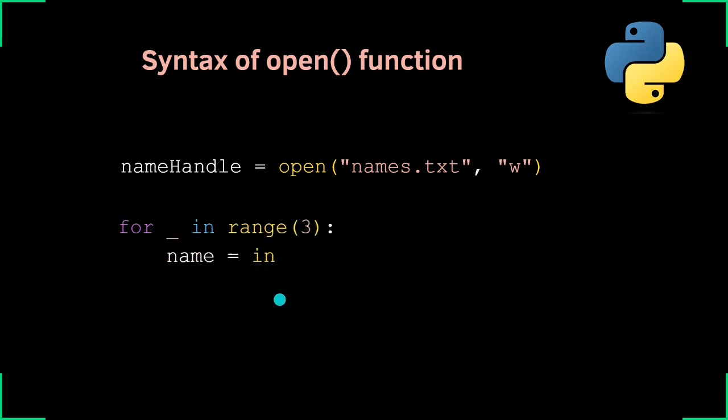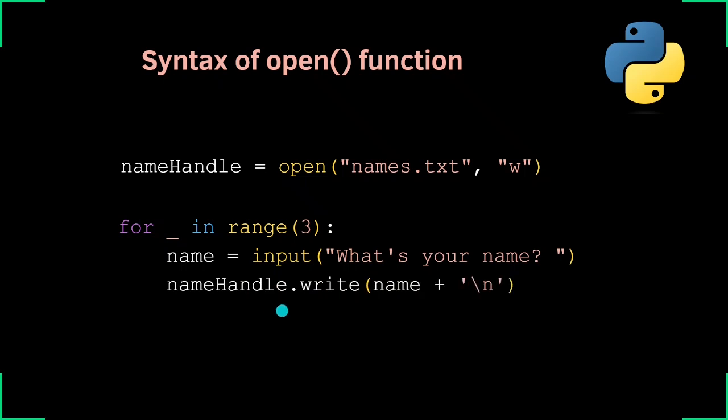So for example, I could write a little loop that says to the user, type in a name, and I write it into that text file by again using the name handle and the dot notation, and then the write command. Name handle.write is the method or the command. The little extra character here is a string that just says to start a new line after the end of this particular line.